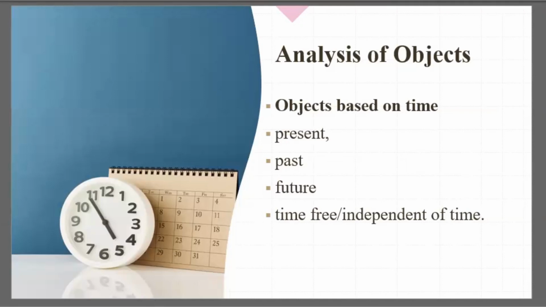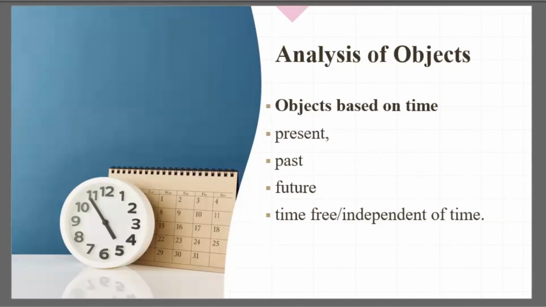In the cognitive process, we will learn present cognitive process, past, and so on. Here we just learn in brief: present, past, future, and time-free. When we come to the cognitive process, we will discuss these objects and how the cognitive process occurs according to those types of objects.